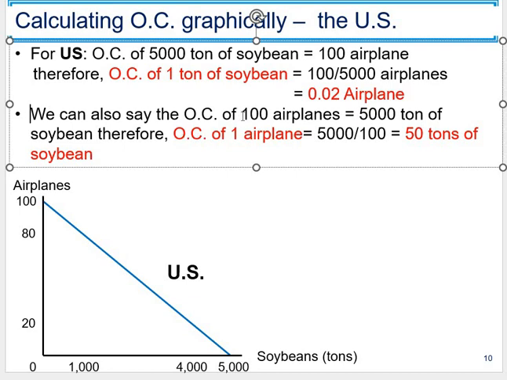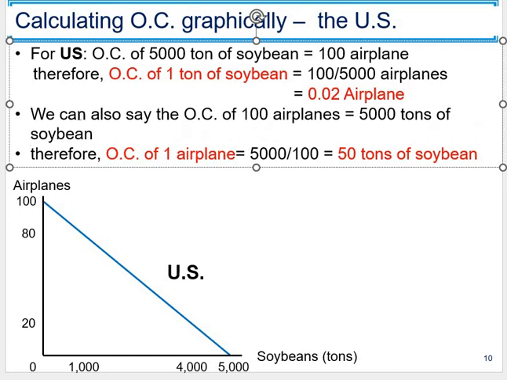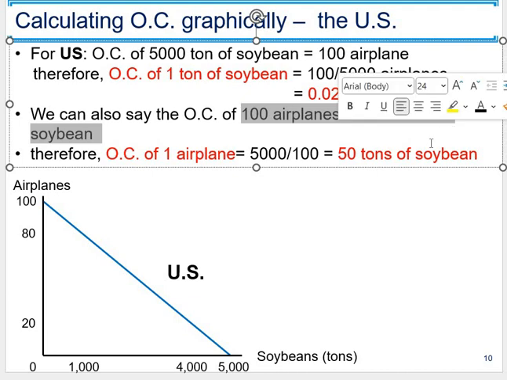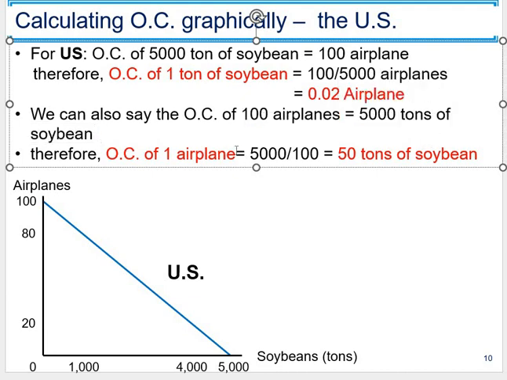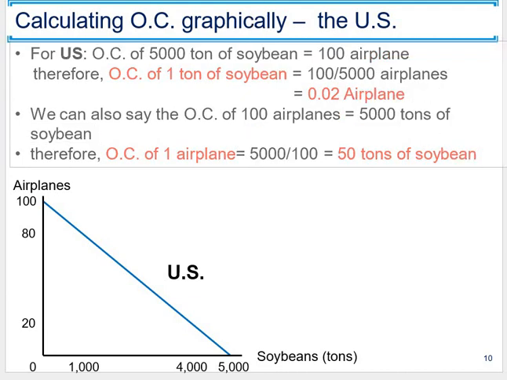That is to say, 100 airplanes equals 5,000 tons of soybeans.